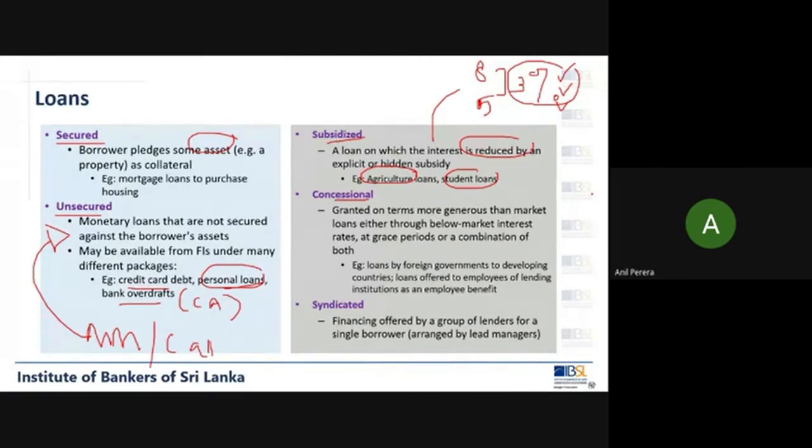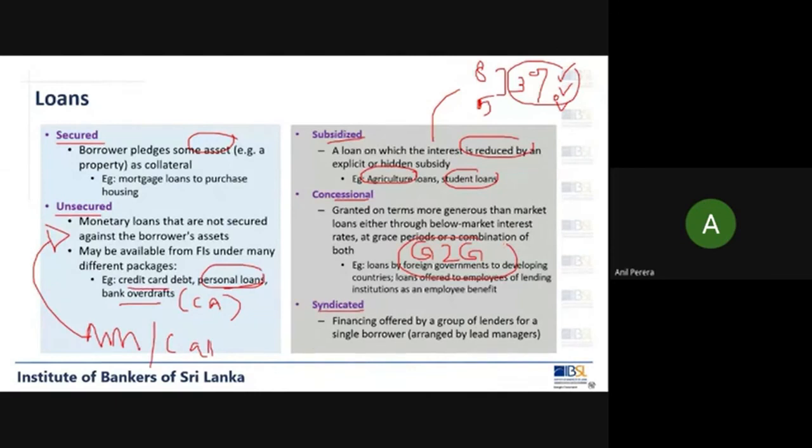For example, G to G loans. G to G means government to government loans. They are mostly concessional loans. Foreign institutional loans like ADB loans, World Bank loans, IMF loans, they are concessional loans, which means you are paying less or for a longer period with some grace period.